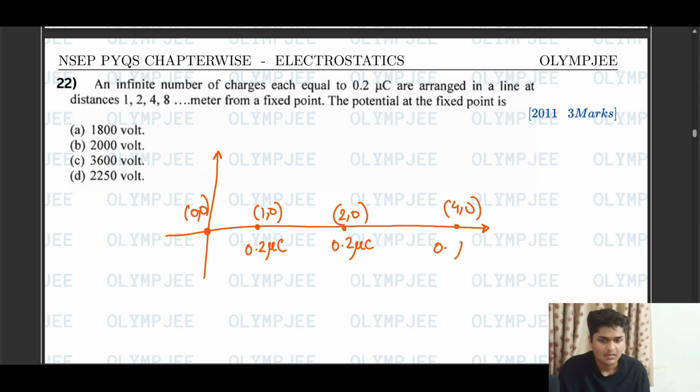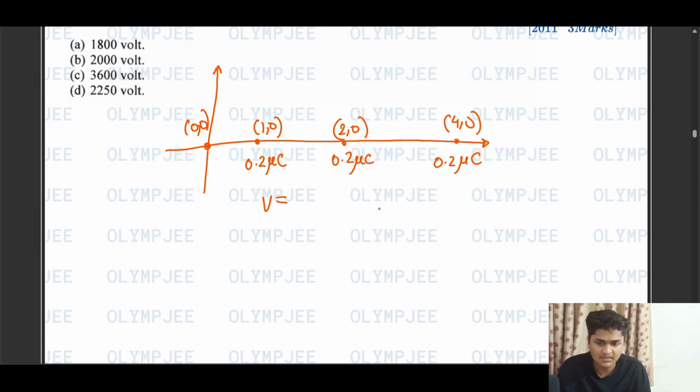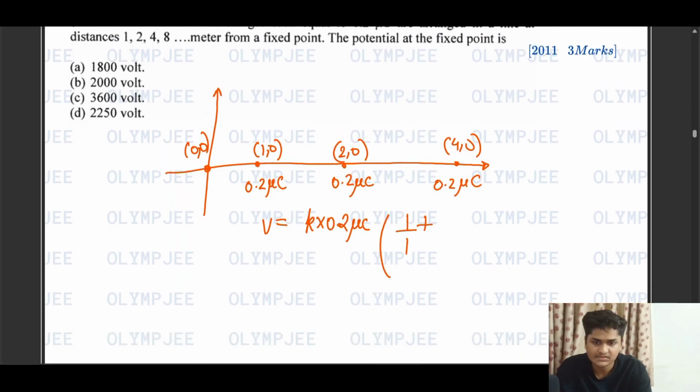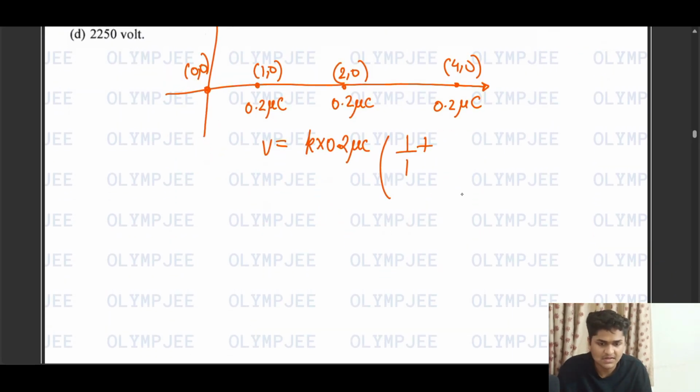So the potential will be equal to, since K and Q are equal, 1 by 1 plus 1 by 2 plus 1 by 4 plus 1 by 8.